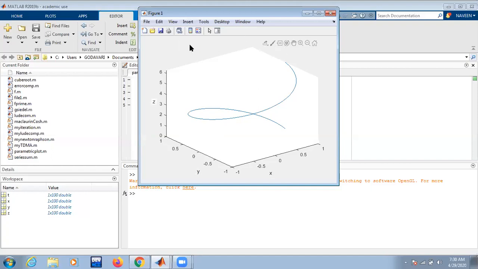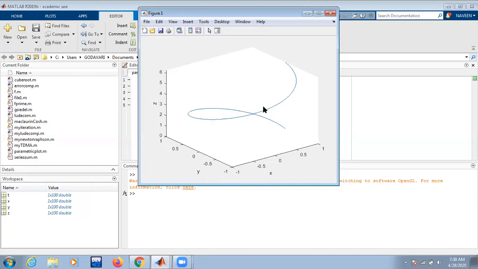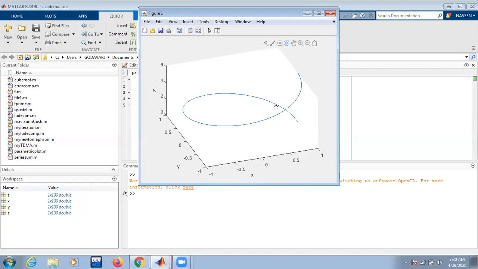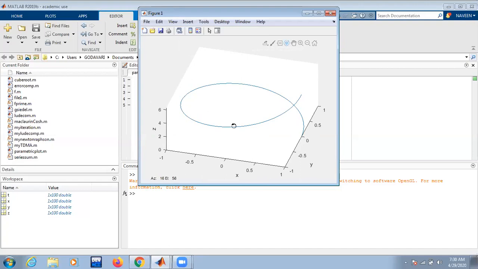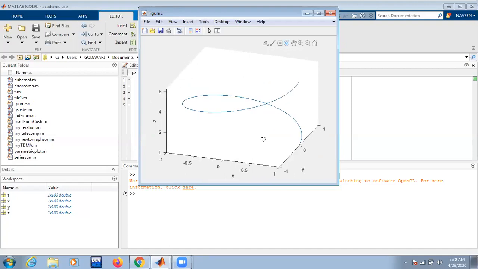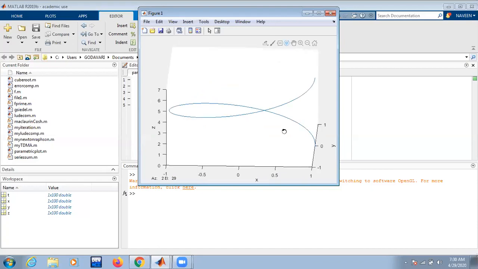And you can also rotate this graph. See, I'm able to visualize this three-dimensionally. Can you see that this is the graph?